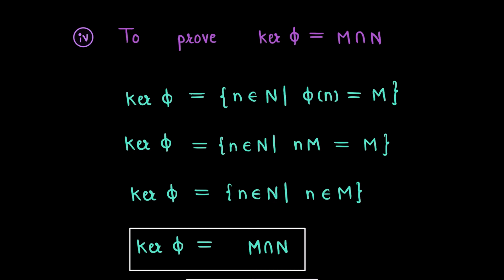Now, therefore we have kernel phi is equal to the set of all those elements n in subgroup N such that n is also an element of subgroup M. Since this condition holds, we must have n will be an element of subgroup M. And therefore kernel phi is the set of all those elements which are in both subgroup N and subgroup M, and therefore kernel phi will be equal to M intersection N.